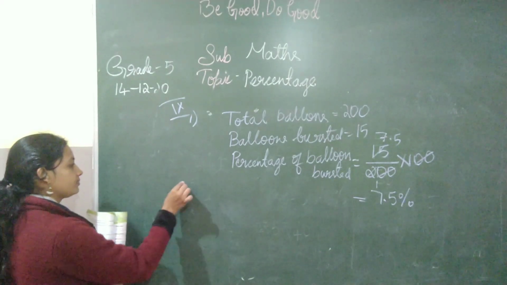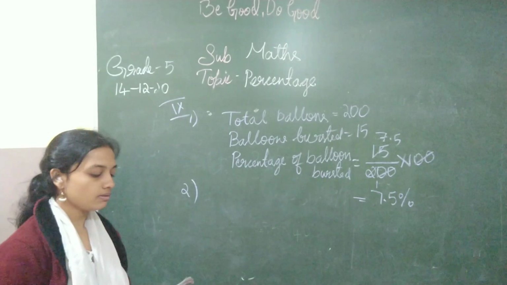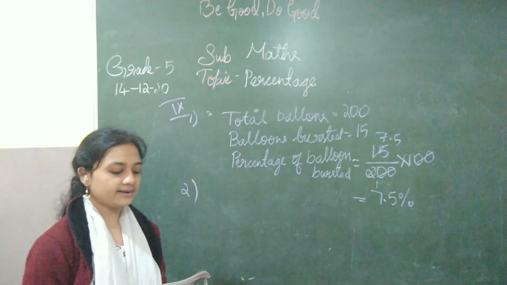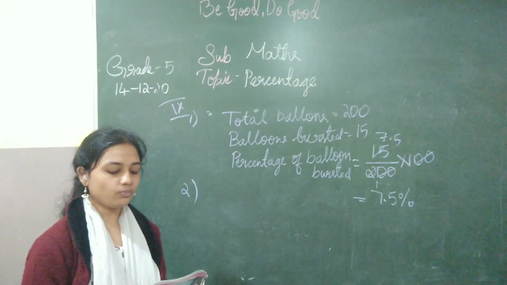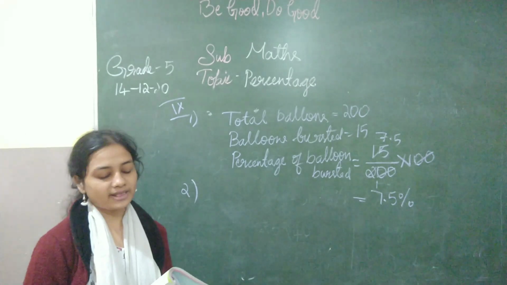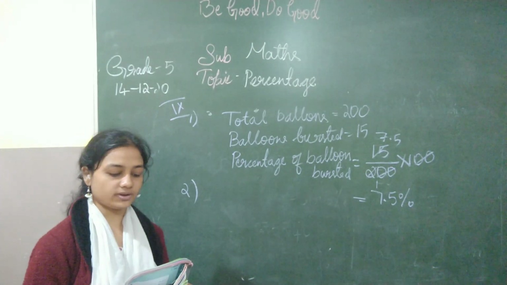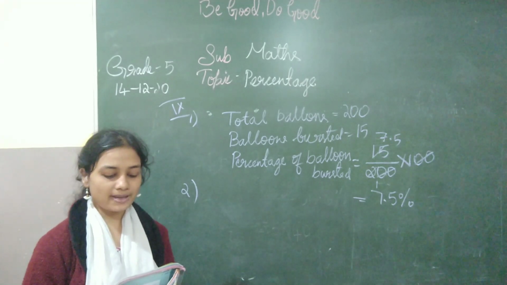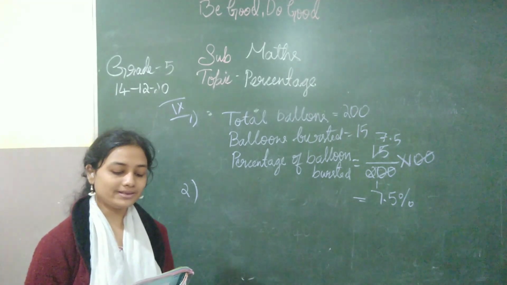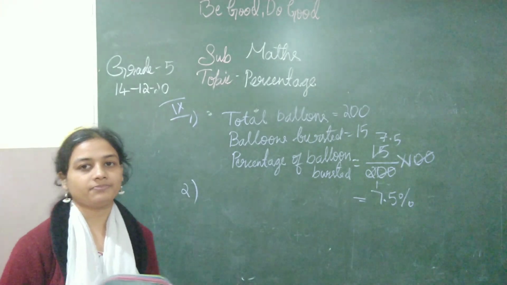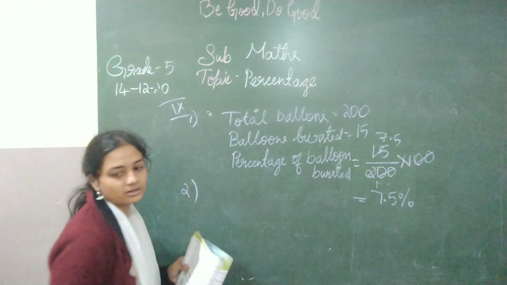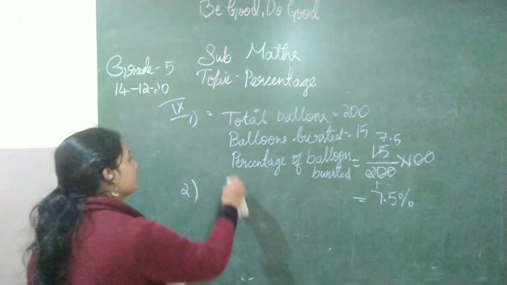Second one. Vasu gets 600 rupees per month as pocket money. He spends 40% of his pocket money and saves the rest of it. How much does he spend every month? How much does he save every month? So first let me write how much is Vasu's pocket money.